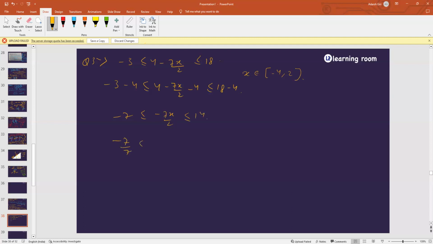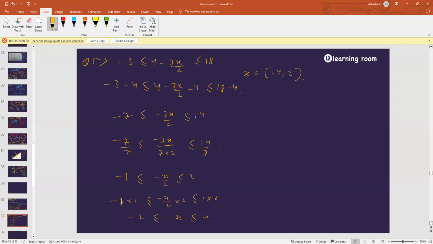-7 upon 7, minus 7x upon 7 into 2, 14 upon 7. So it will be -1 less than minus x upon 2 less than 2. Then you have to multiply it by 2: minus 1 into 2, minus x upon 2 into 2, 2 into 2. So it will be -2 less than minus x less than 4.